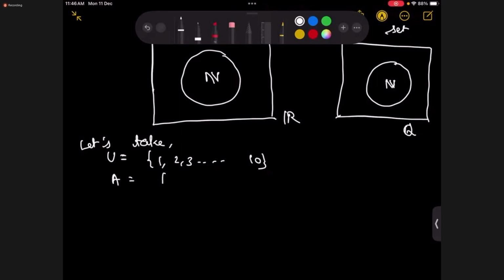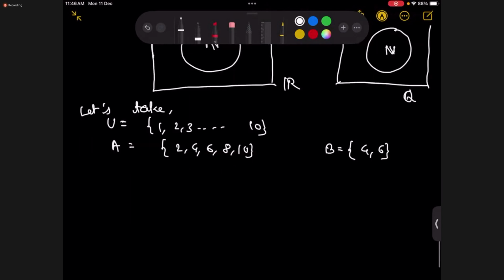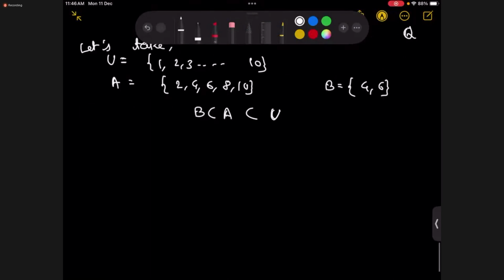A equals 2, 4, 6, 8, 10. B equals 4, 6. Then one can clearly see that B is a subset of A, and both are subsets of U. So this can be written as a Venn diagram like this.